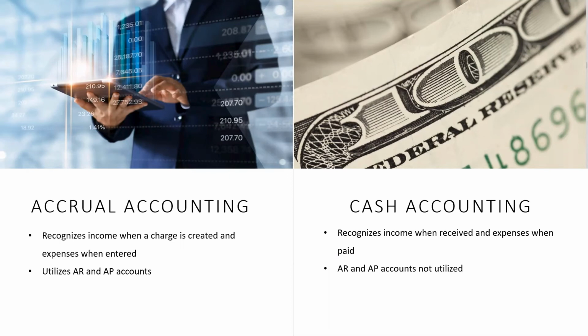And an expense from a vendor providing goods or services will not be recognized until we make a payment. Since cash accounting doesn't track income and expenses when entered, there is no need to track what is owed to you or what you or your property management company owes. An easy way to think about cash accounting is that there is never an impact until money has exchanged hands.